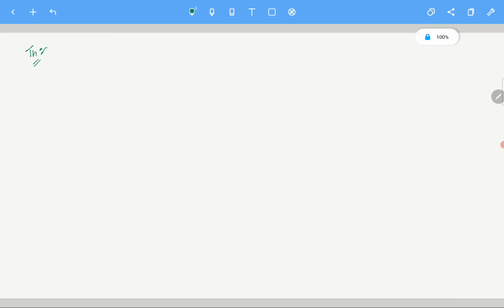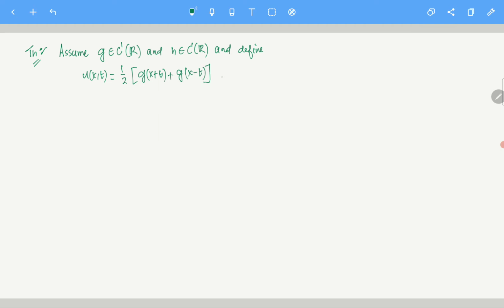So the theorem: assume g is C1 of R and h is in C1 of R. So basically I am taking g and h to be C1, and define u of x, t to be half of g of x plus t, plus g of x minus t, plus half the integral from x minus t to x plus t of h of xi d xi, x in R and t positive.